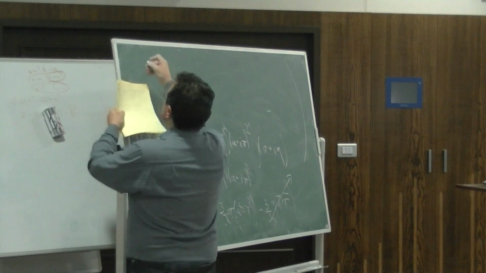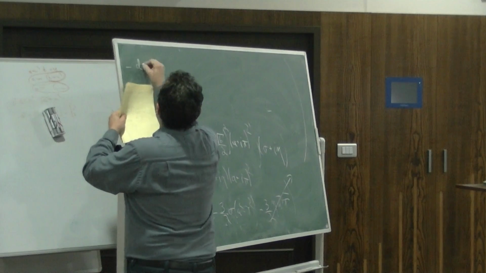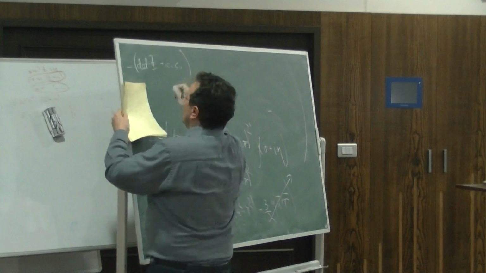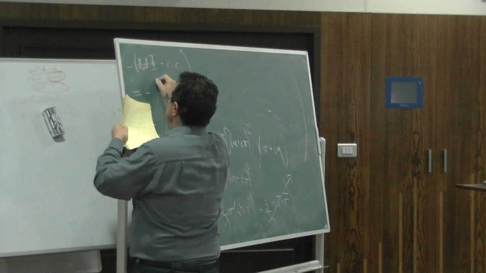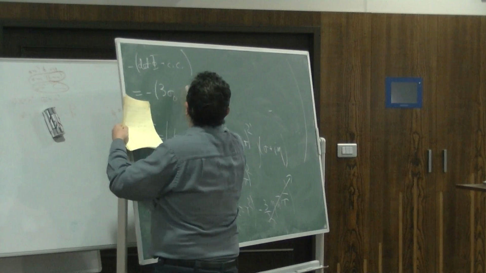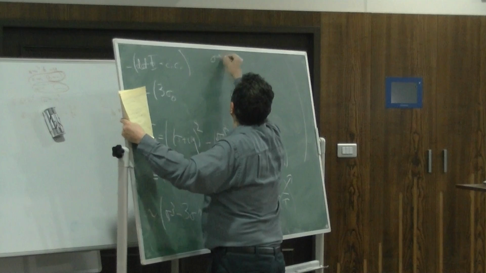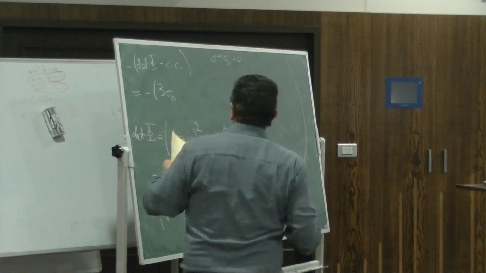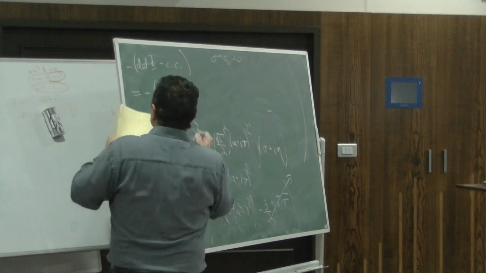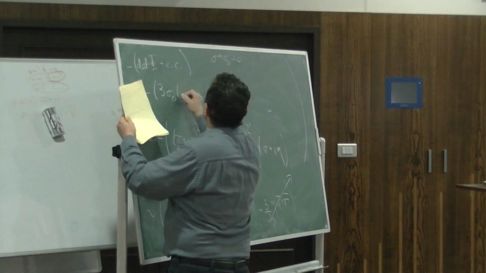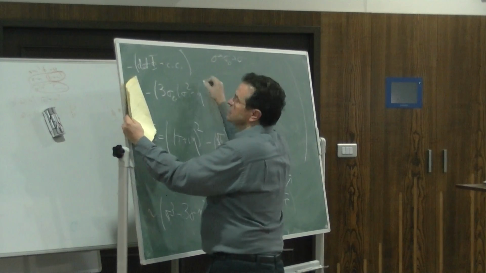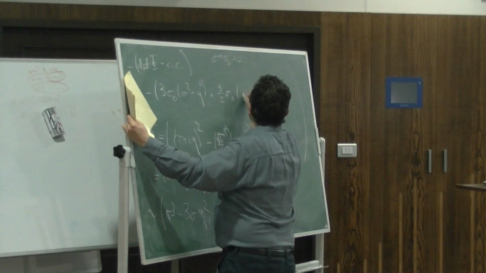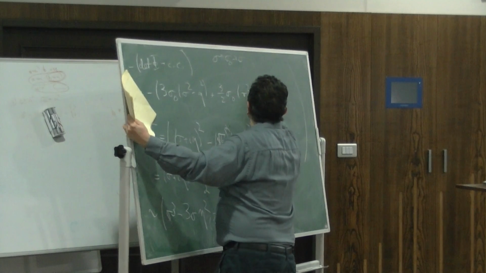What I will get is something like, if I have minus determinant phi plus complex conjugate, minus 3 sigma naught. And so now I'm expanding, sigma goes to sigma naught plus sigma. So that's where the 3 comes from. Times sigma squared minus eta squared plus 3 halves sigma naught times pi squared minus A naught squared.